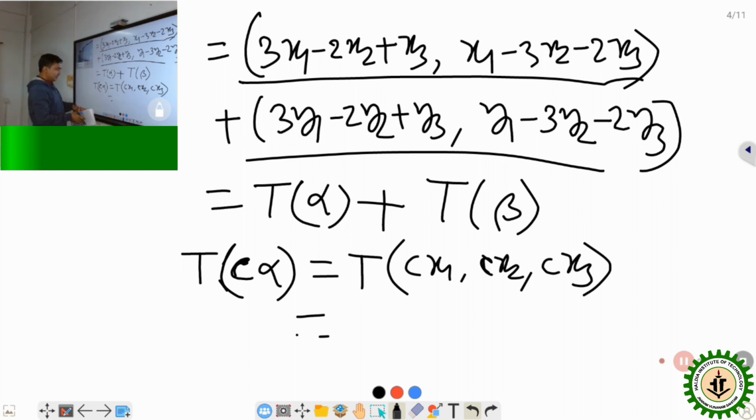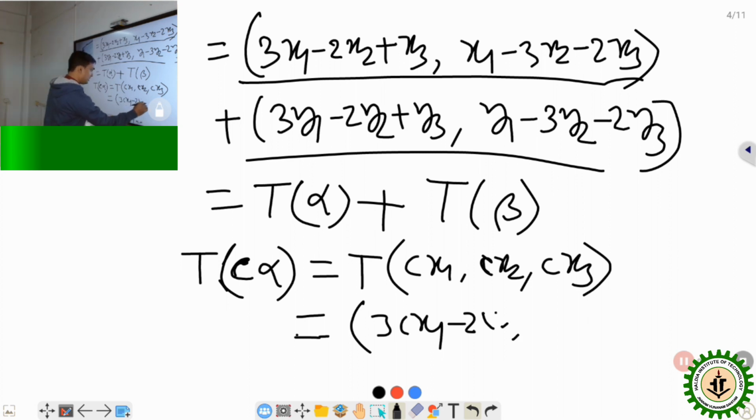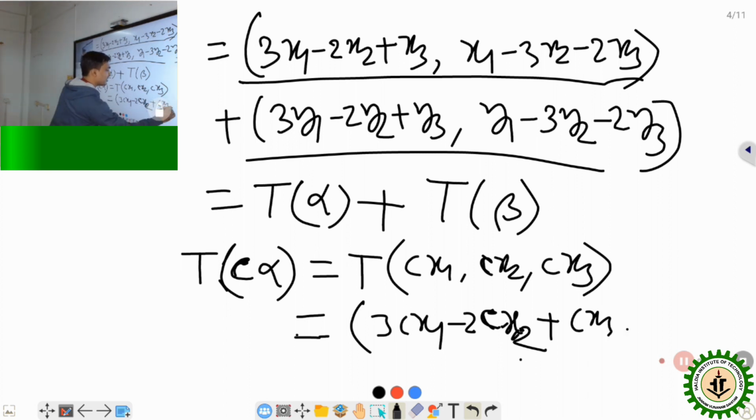Now if we put this value in our mapping, it will be (3Cx1 minus 2Cx2 plus Cx3, Cx1 minus 3Cx2 minus 2Cx3).